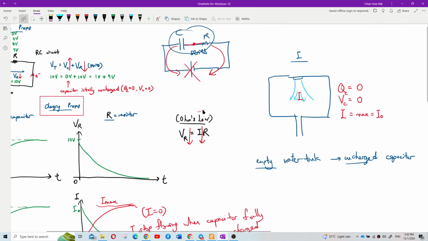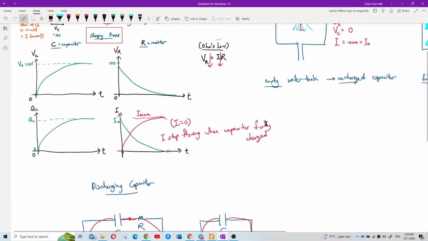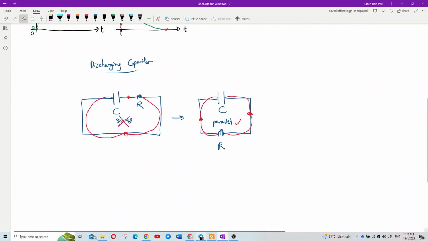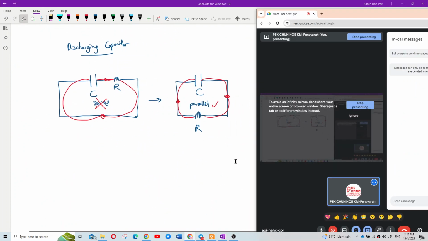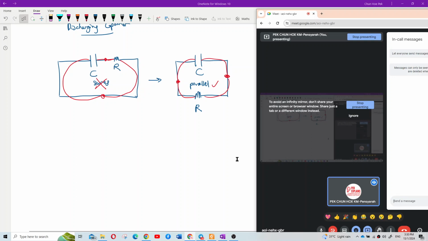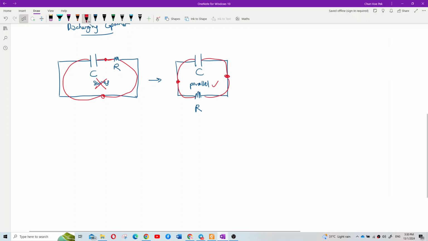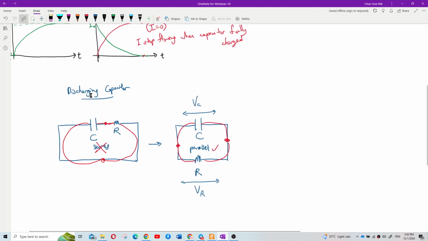Okay, cukup. So I want to continue. I need to continue. I have to, yeah. So begini kelas. So this is voltage across capacitor. This is voltage across resistor. Discharging capacitor, we start with capacitor sudah fully charged.